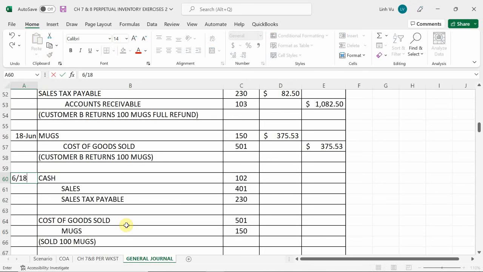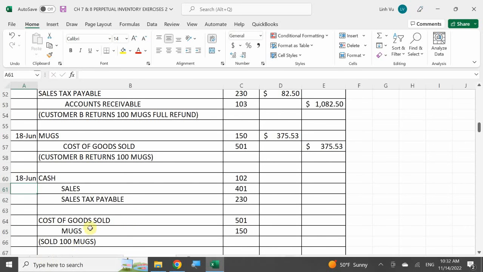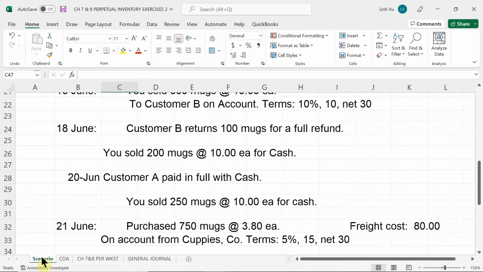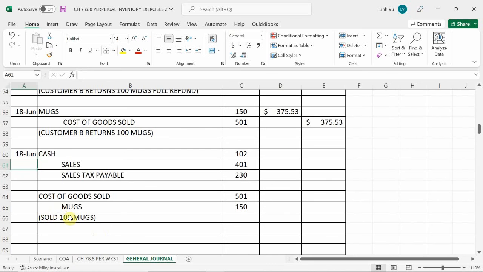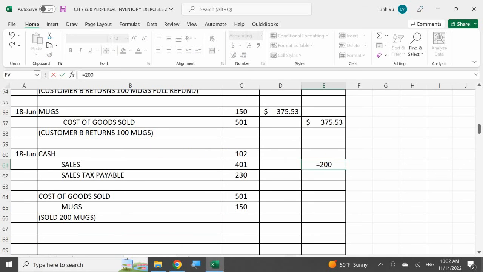So I copied and pasted that on June 18. So again, this time on June 18, you sold 200 mugs. Okay, 200 mugs. So your total sales is 200 times 10, which will give you $2,000.